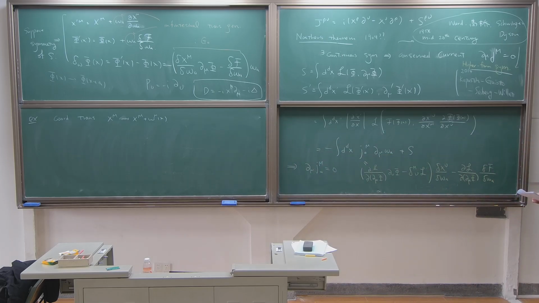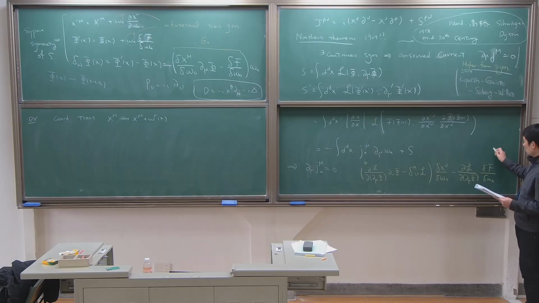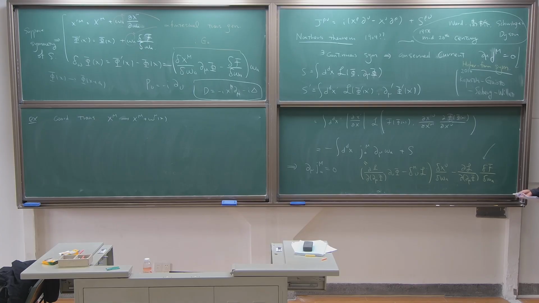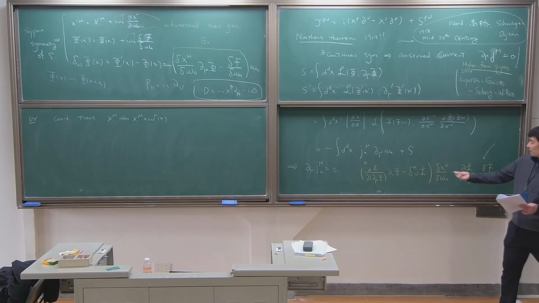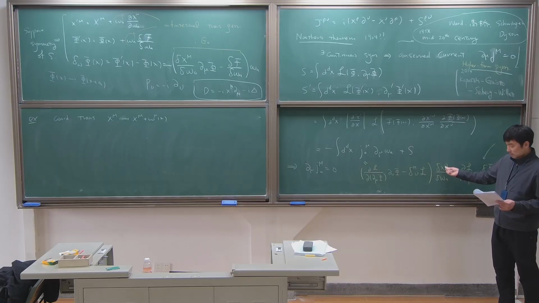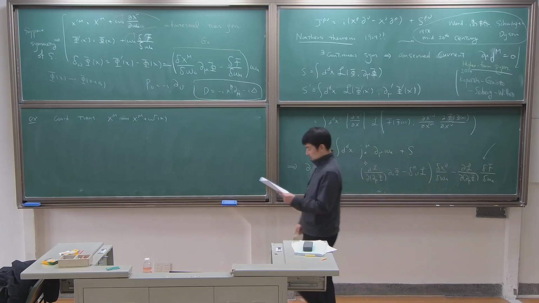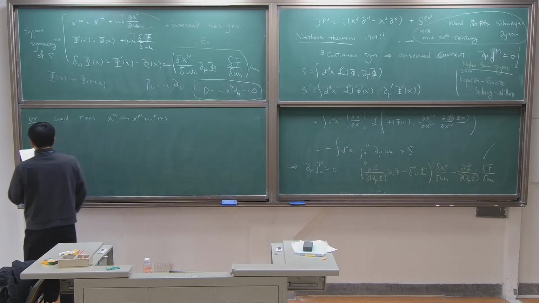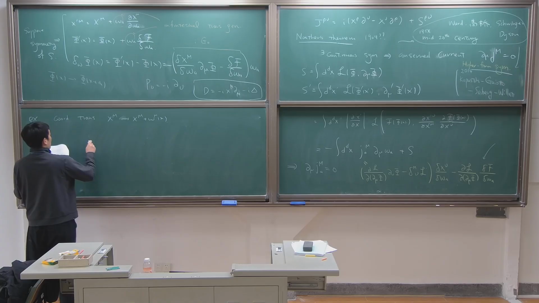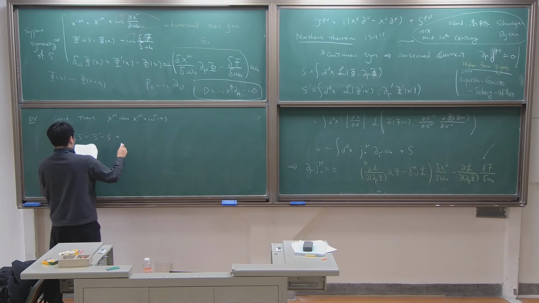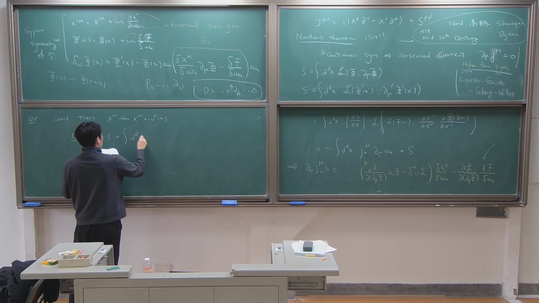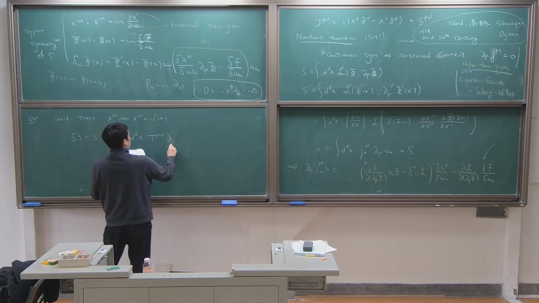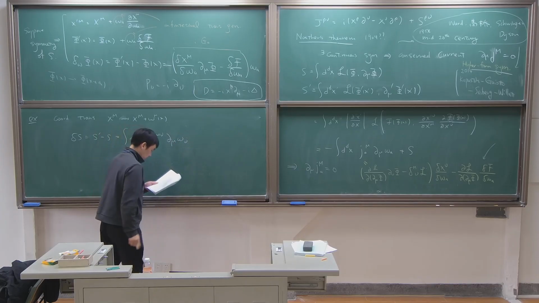Here, if you look at J, you don't need to worry about this one because F does nothing for the translation. So F is trivial, and you just need to be careful about this one. So what you get is delta S, which is S prime minus S, equal to the integral of d^dx T^mu_nu partial_mu omega^nu. So that's what you get.